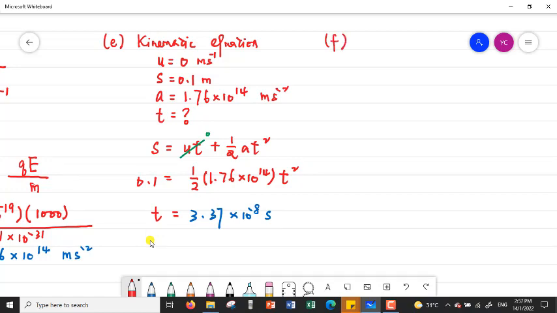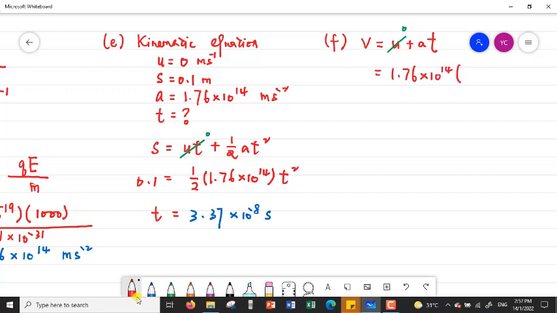So we might have v equals u plus at, the most basic kinematic equation. Our u is 0, as the particle starts at rest. The acceleration is 1.76 to the power of 14.